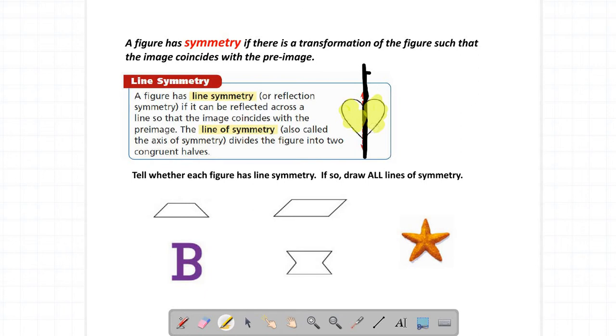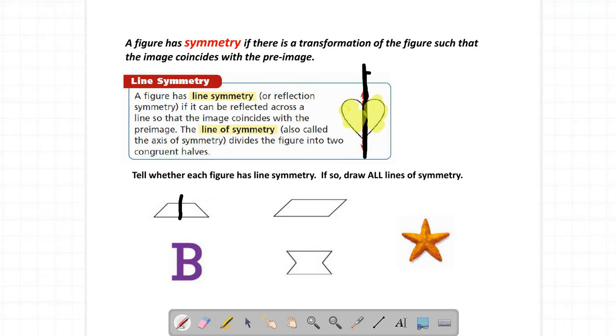So take a moment and decide which one of these images have line symmetry, and more importantly, how many lines of symmetry. Take a minute to do that. Okay, this first image has line symmetry.